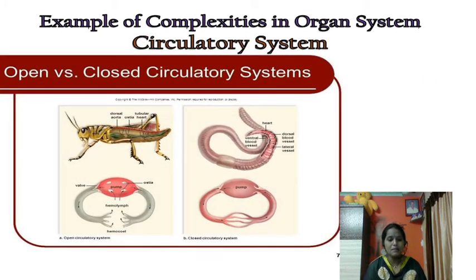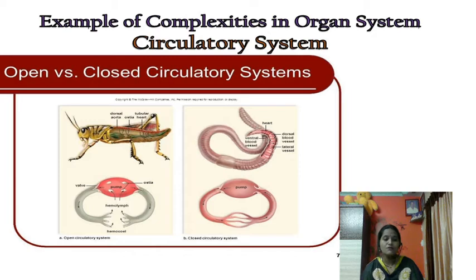The next example is the circulatory system. Circulatory system is of two types. In the open type of circulatory system, blood is directly pumped out of the heart and cells and tissues are directly bathed in it. The example I have shown you, all the insects, have open type of circulatory system.